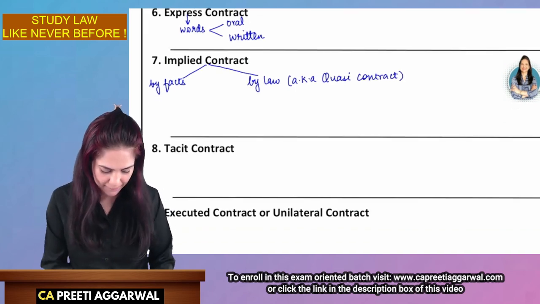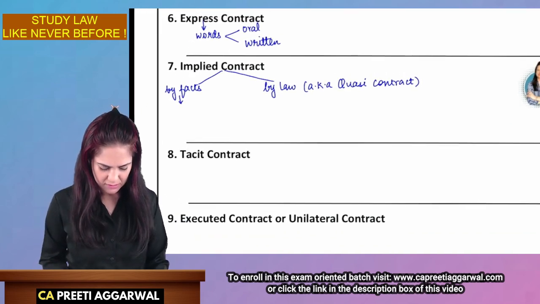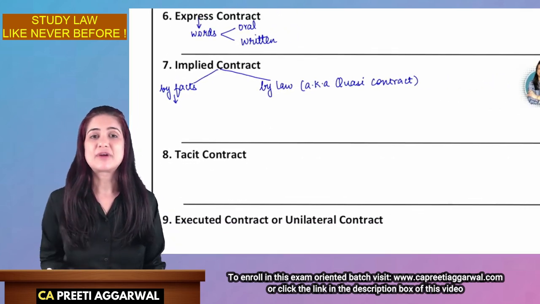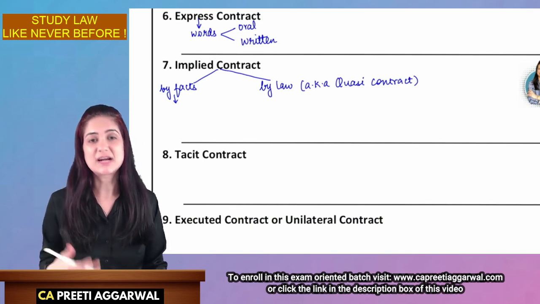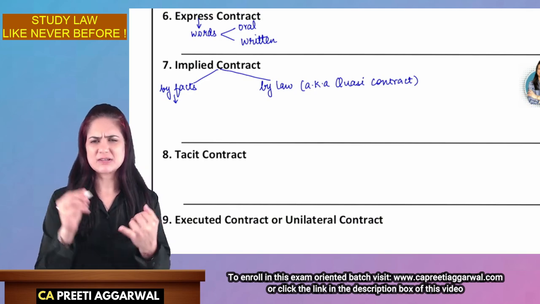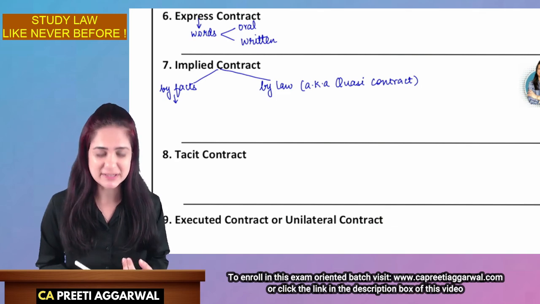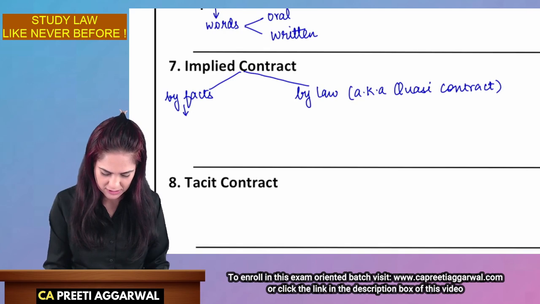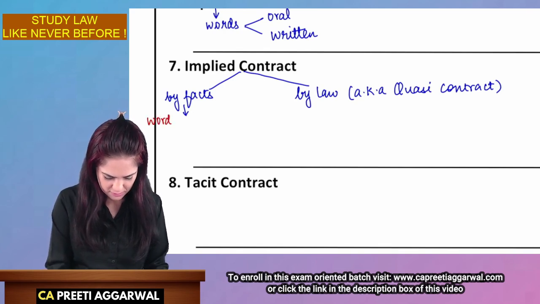Now, implied by fact means words are not used. The contract is inferred. It is understood from the facts, circumstances, action of the parties. So implied by fact means words are not used.